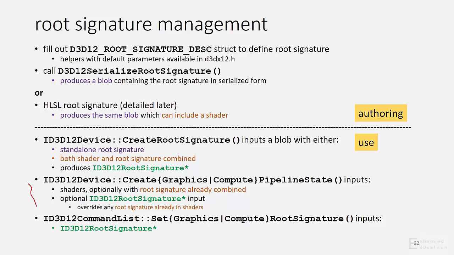So the options when you're calling create pipeline state for providing the root signature are either to have the shaders in the pipeline state already have the root signature combined, or you can pass in the ID3D12 root signature object that was created at the API. If you pass in the object and shaders that have root signatures, the object overrides.